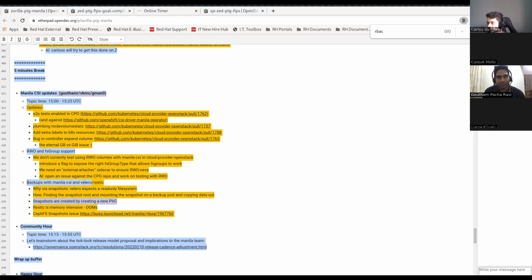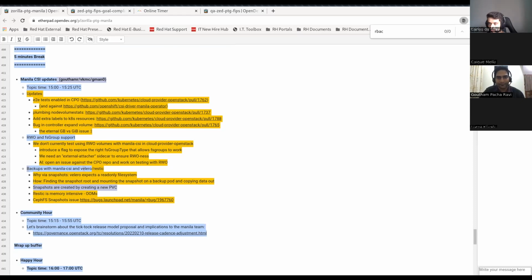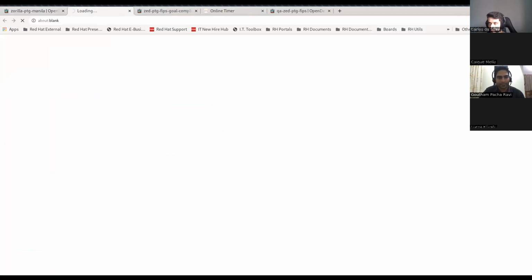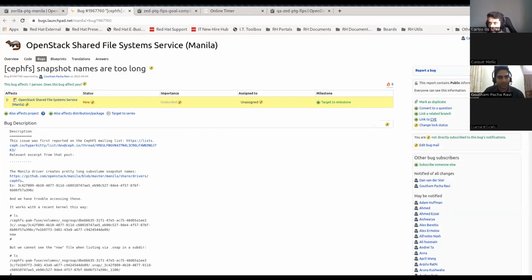In terms of, do we want to chat about this CephFS snapshot issue that was exposed via this workflow that you're trying through Velero, etc.? Victoria might be more knowledgeable here than I am, because this is something that the driver is doing.